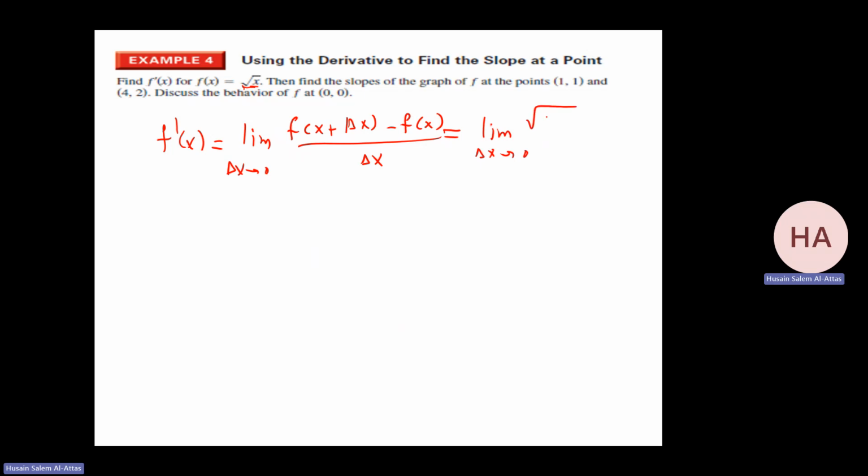That will be the square root of x plus delta x minus the square root of x over delta x. How to do this limit? You need to rationalize. Because of the space, I will write it again. So it's just a limit problem. Just try to do it.